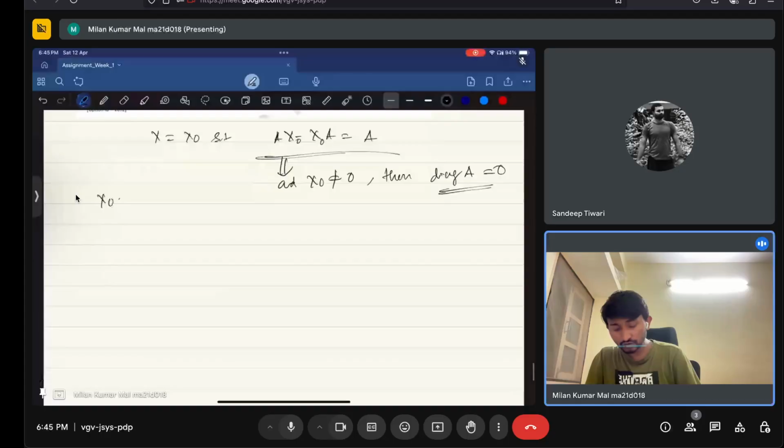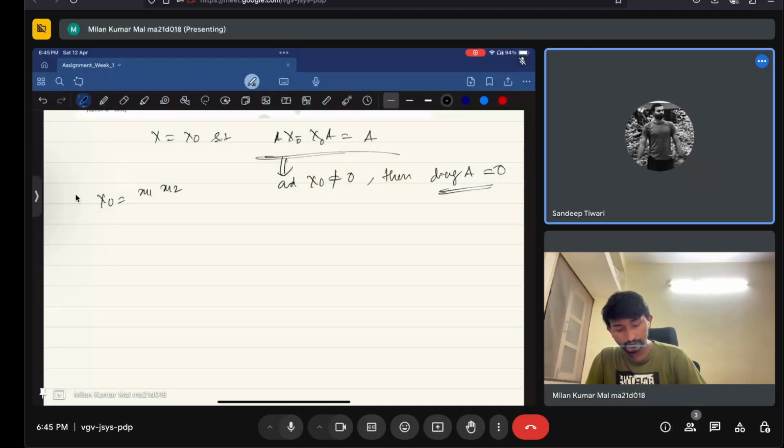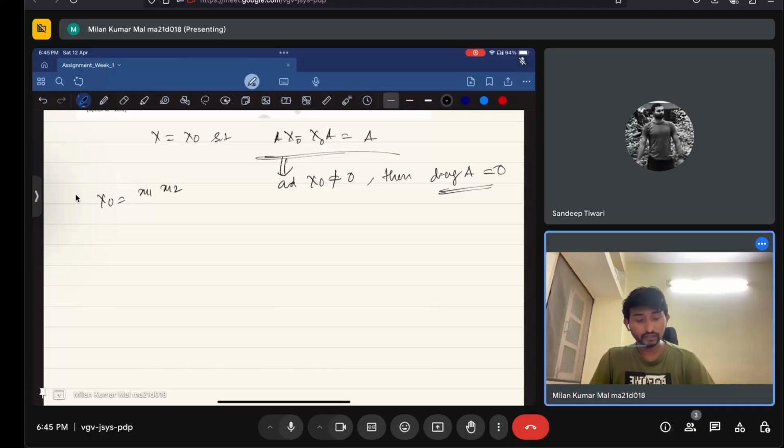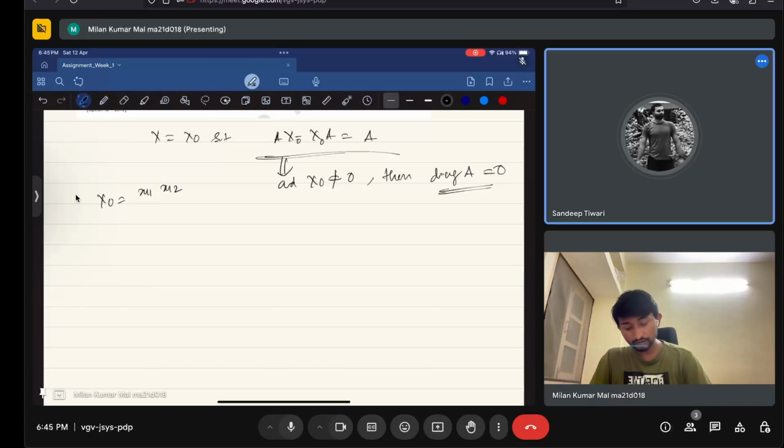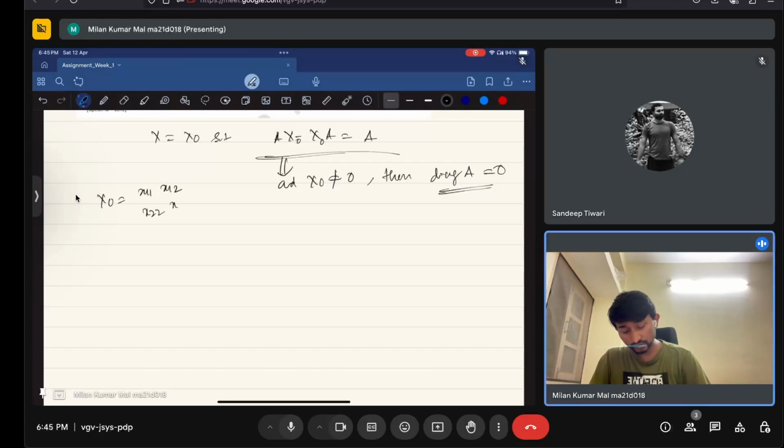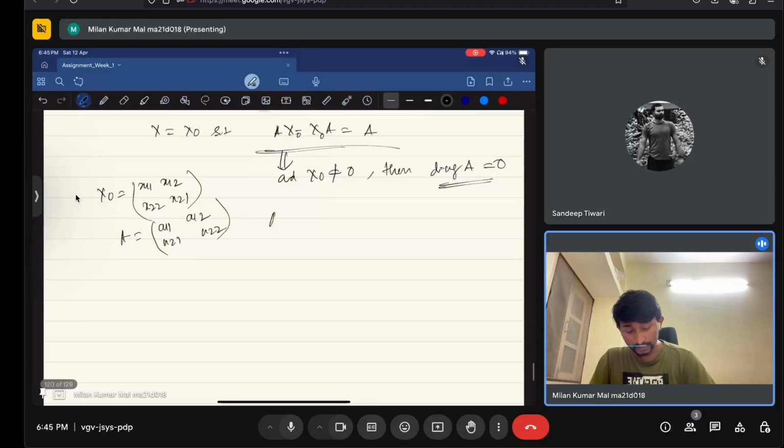Let's take X naught with trace zero. Not only trace; the diagonal will be x11, x22, x21, right? And for example, A is an arbitrary matrix. Then what is AX naught? That equals x11 A11 plus x12 A21, and the other diagonal entry will be x22 A12 plus x21 A22, right?